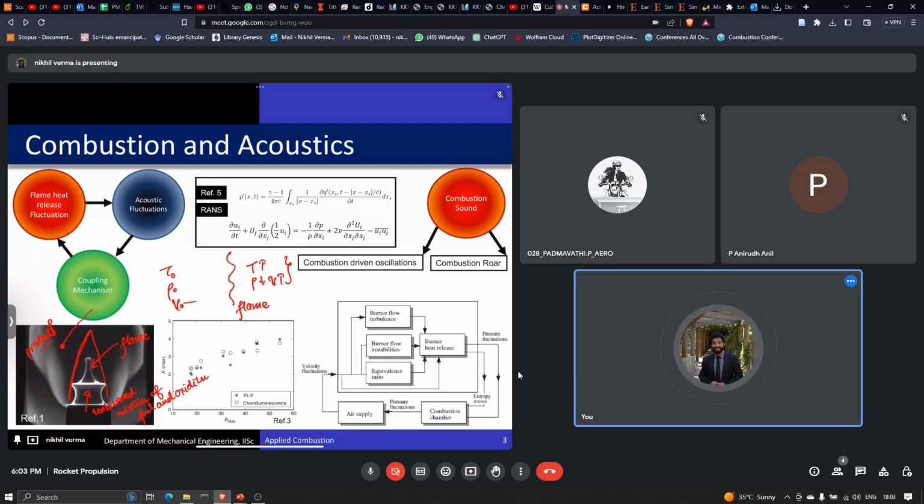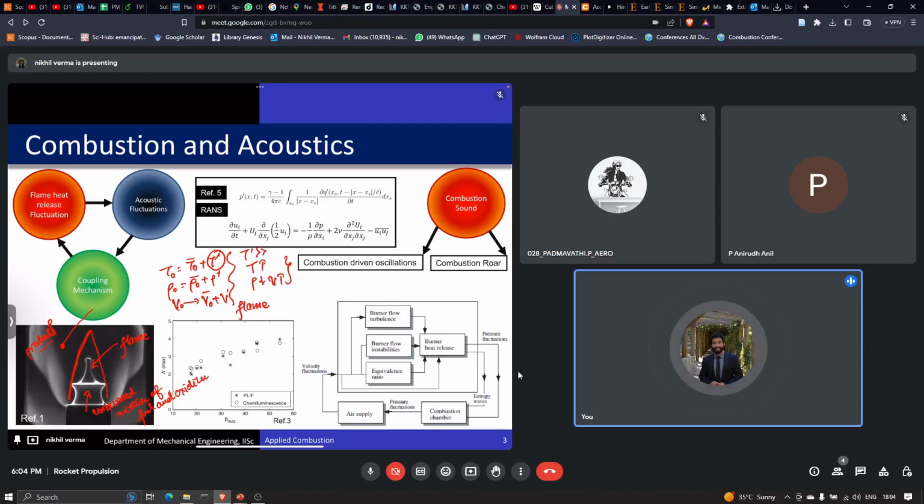So velocity can be written as some mean velocity and some fluctuating velocity. Similarly, density can be written as mean density plus fluctuating density. Similarly, temperature will be mean temperature plus fluctuating temperature. Okay, so when they cross this flame, the disturbance also gets amplified.